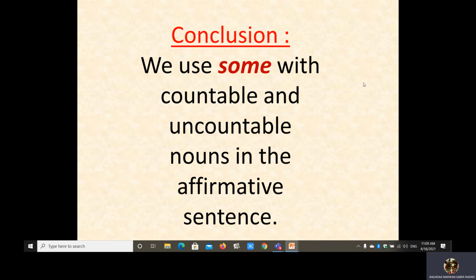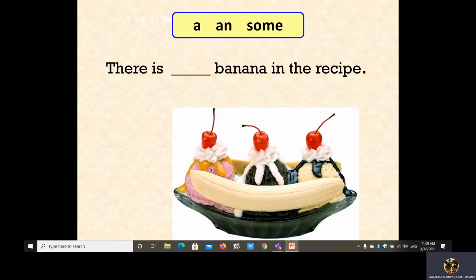Affirmative sentence means positive sentence, saying it happens. Yes, it happens. In 2 cases, if we have countable or uncountable nouns and want to say that we have some of them, we can use some with both, but only in affirmative sentences.